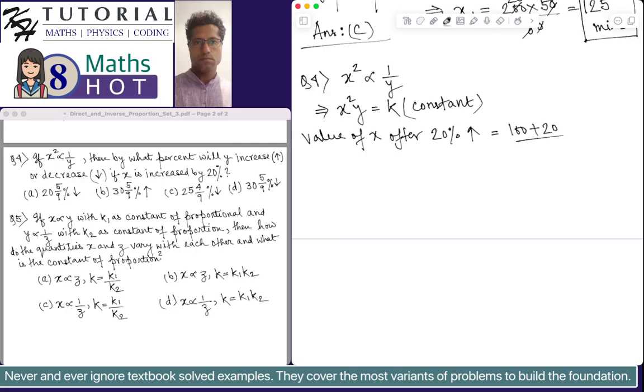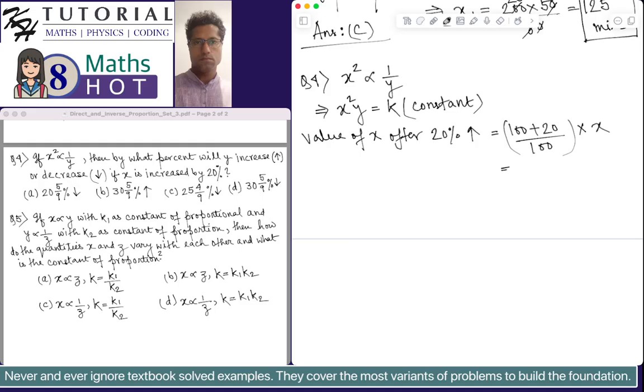This is a concept of percentage, multiplied by x. So if you increase x or any number by 20%, that increased number becomes 100 plus 20 divided by 100 multiplied by that number. So when x is increased by 20%, the increased value of x is 100 plus 20 by 100 multiplied by x.